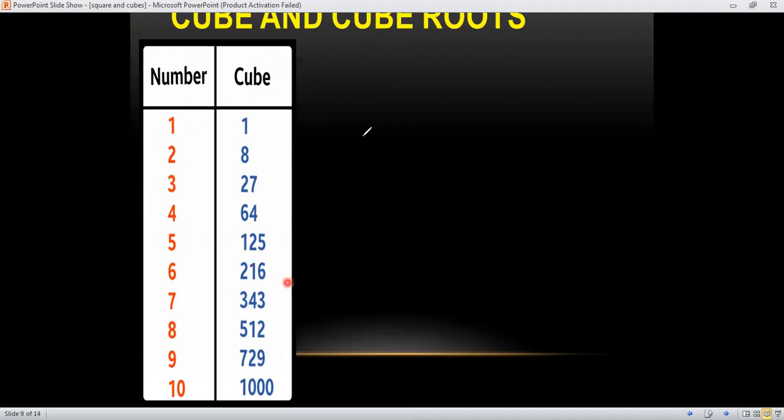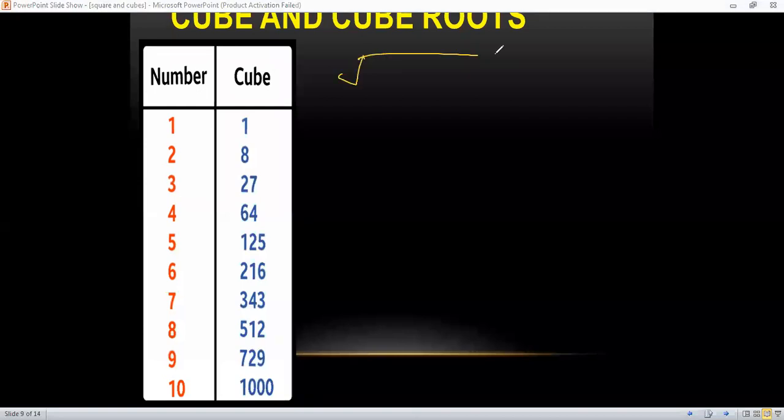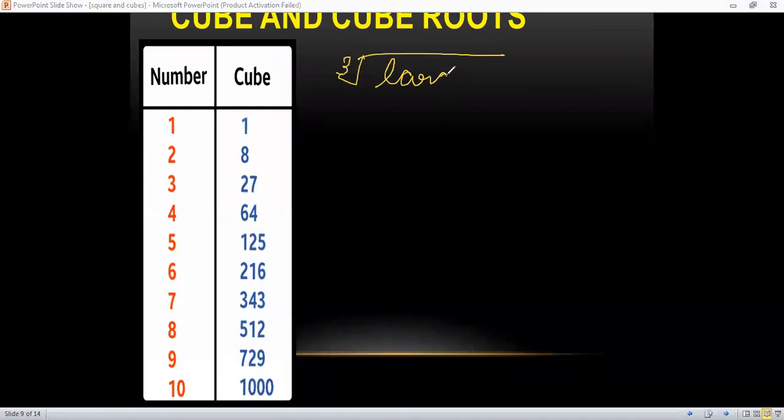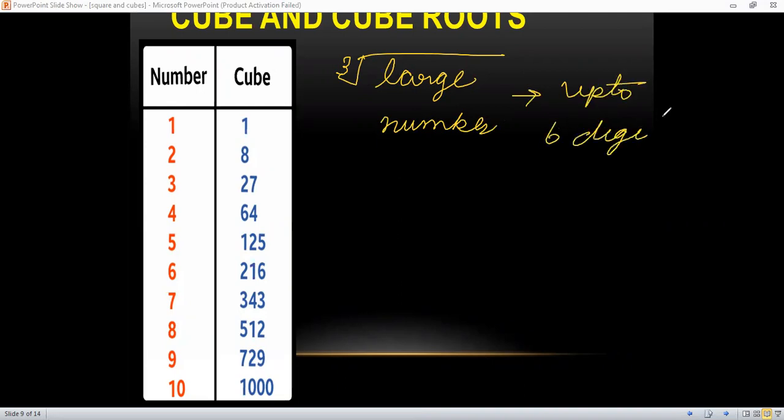Let's suppose the number is a 3-digit number. Here we are trying to find the cube root of large numbers up to 6 digits. You will be able to find the cube roots of large numbers.